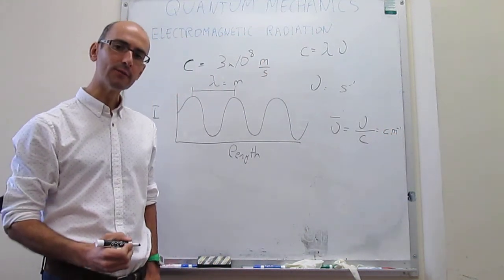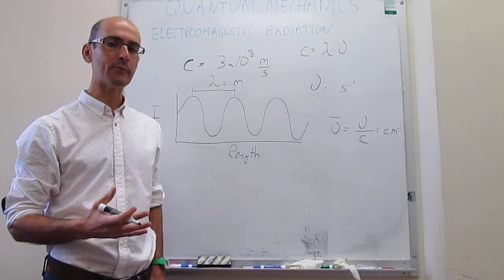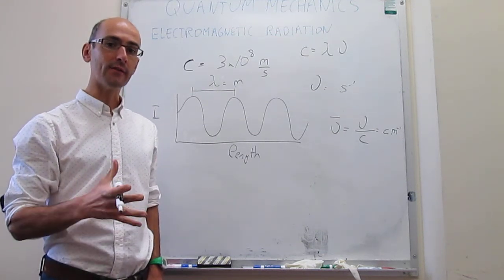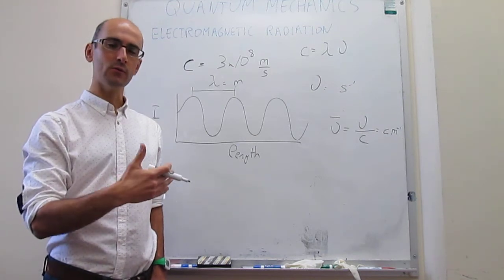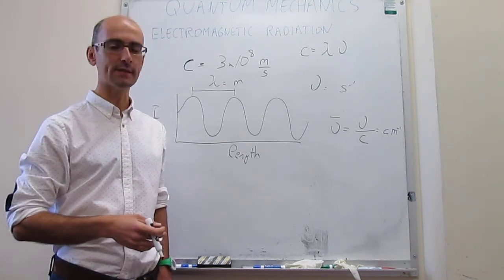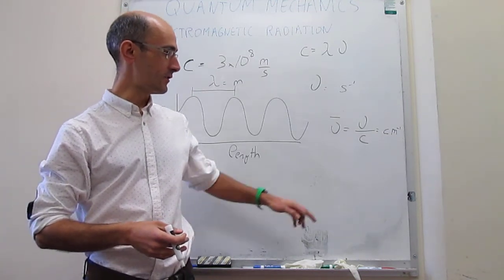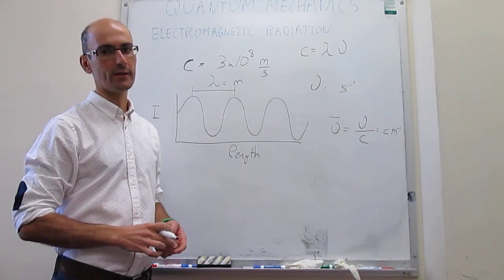Wave numbers are very useful when we try to characterize infrared radiation, because infrared radiation has wave numbers that go from a few hundred to a few thousand. So this wave number will be useful in units of centimeter to the -1 when we talk about infrared radiation.